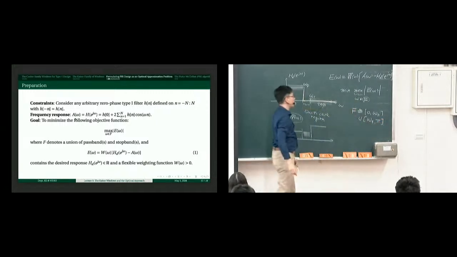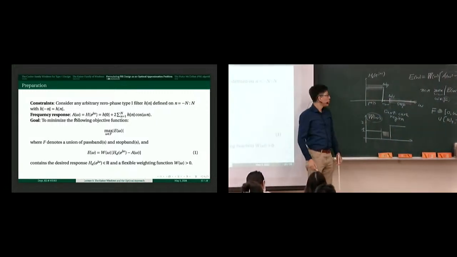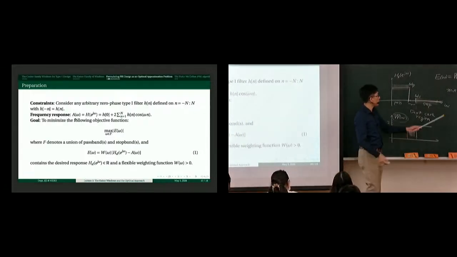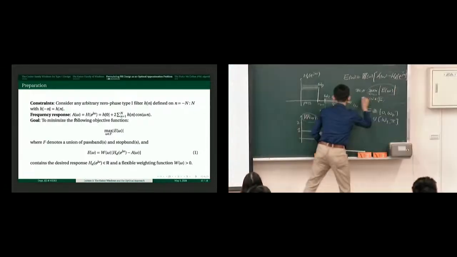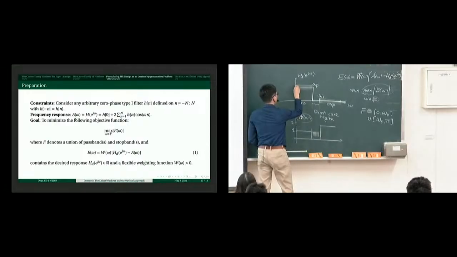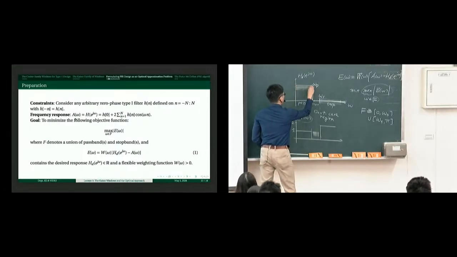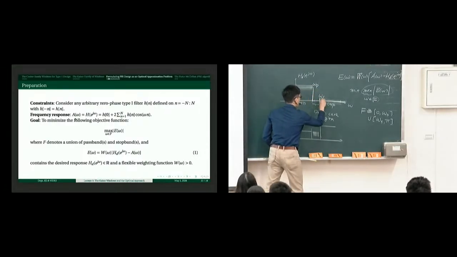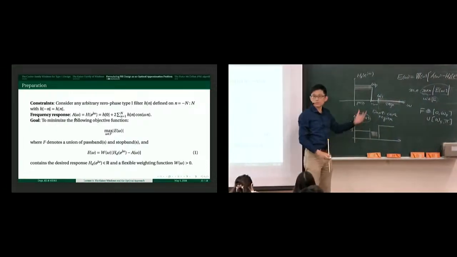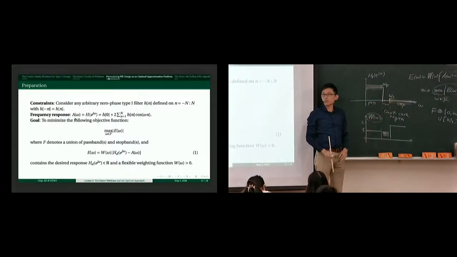So that's the frequency range of our interest. We want to minimize the maximum approximation error within the union of pass band and stop band, within these two intervals in the frequency domain. That's why I say in the middle we don't care. It's a bit strange, yeah.